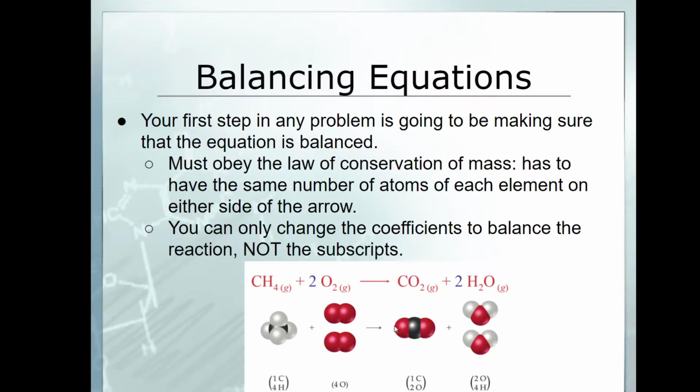And then if we count the oxygens, we have a total of 1, 2, 3, 4: 2 from the CO2 and 2 from these two H2O molecules. And last thing, if we count our hydrogens, we've got 1, 2, 3, 4 of them as well. So in order to balance this, we put a 2 in front of the O2 and a 2 in front of the H2O to make everything match up.